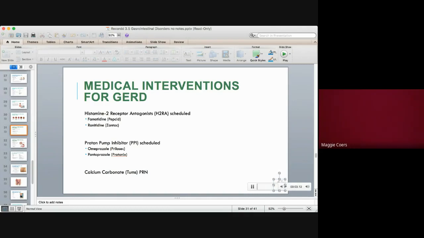Medical interventions for GERD. Okay, treatment really focuses on avoiding those trigger foods and managing those risk factors. We can prescribe medications to help minimize damage to the esophagus with this reflux.